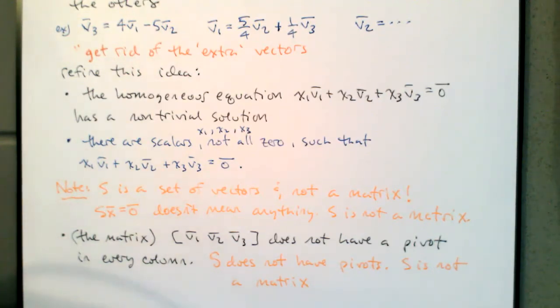We're in a similar situation if we want to start talking about a linear transformation, which is something else that we can talk about. We could say that the linear transformation has a non-trivial kernel, but we don't have a transformation in play. We've got a set of vectors.